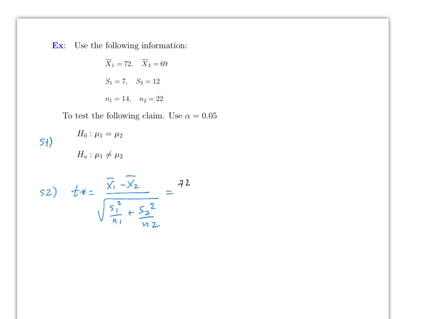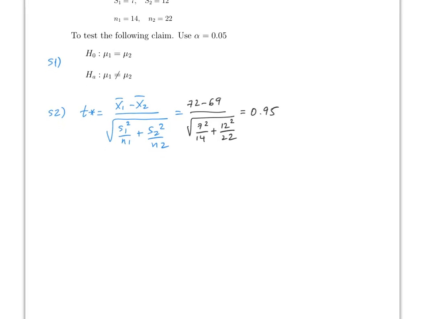So this will be 72 minus 69 over the square root of 7 squared over 14 plus 12 squared over 22. You should stop the video, get your calculator, and check that this is around 0.9095. You round it to 2 decimal places.